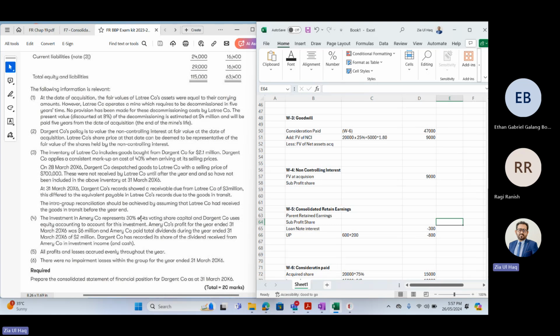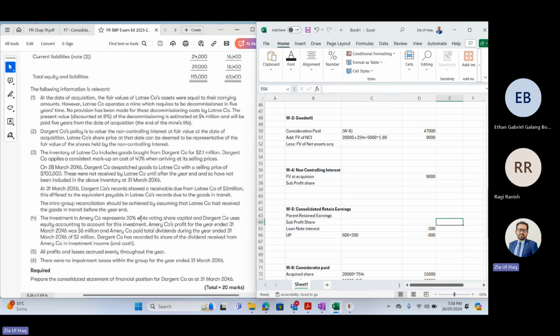So these were not received by Latrey company until after the year end. What does that mean? They dispatched, they recorded receivable in the parent company, but the subsidiary till year end hasn't received, which means they didn't record payable.